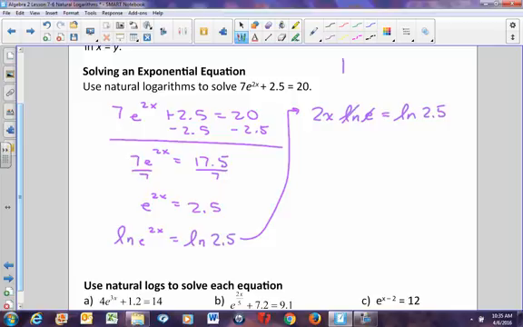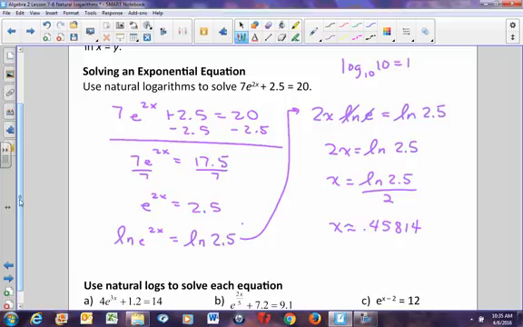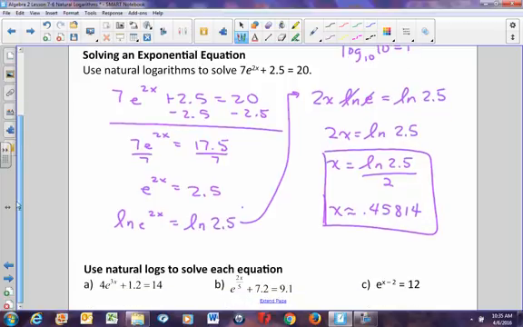It's like saying log base 10 of 10 equals 1. The natural log of e is equal to 1, so we basically now have 2x equals the natural log of 2.5. So x will equal the natural log of 2.5 over 2. And that is approximately equal to 0.45814. Exact answer and the approximate answer. Okay. So let's look at some more.